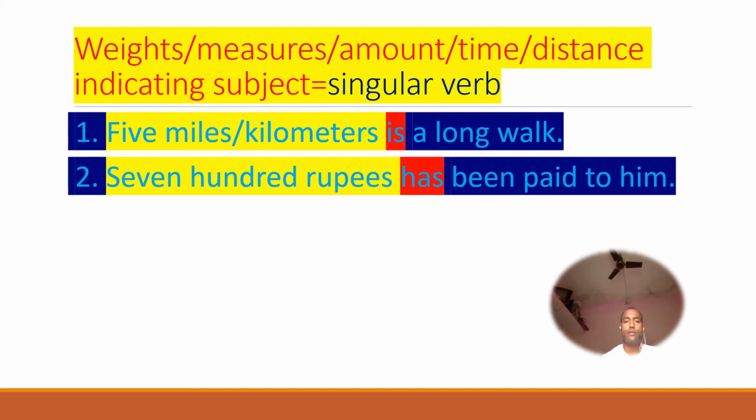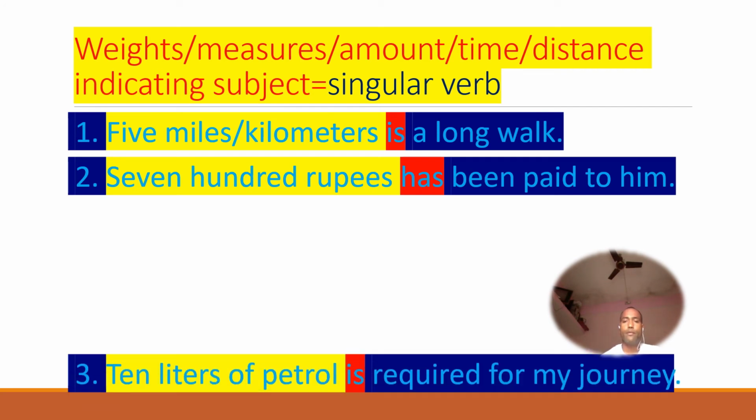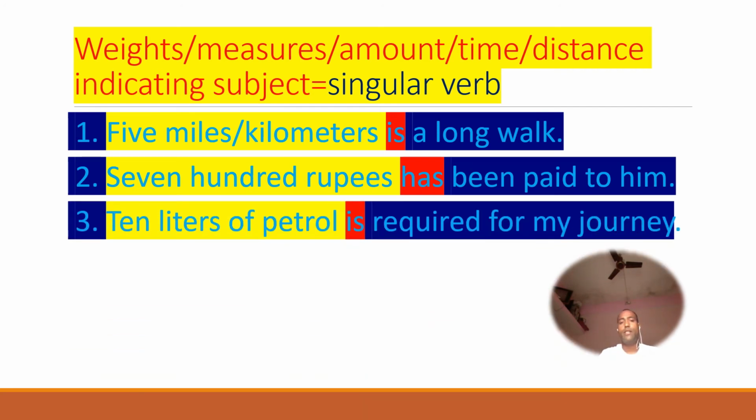Because 700 rupees talks about an amount, and an amount takes a singular verb. Let us see another. 10 liters of petrol is. Why? Because this is also an amount, right? So in such a case, we use singular.